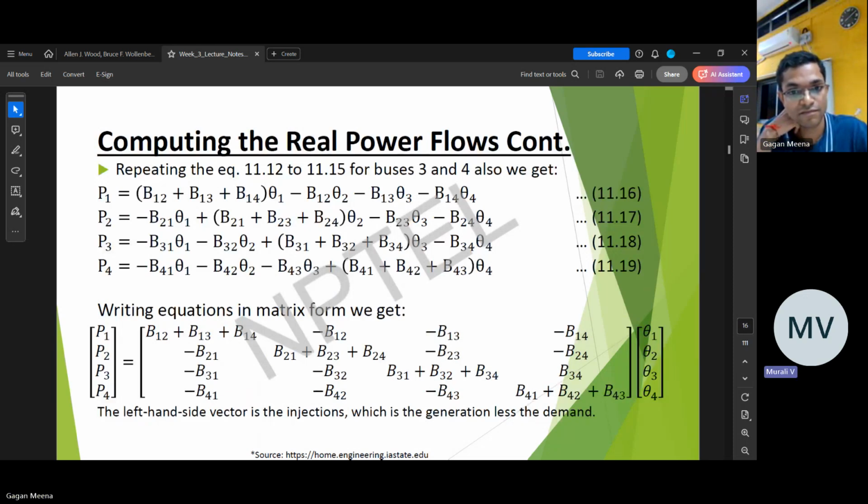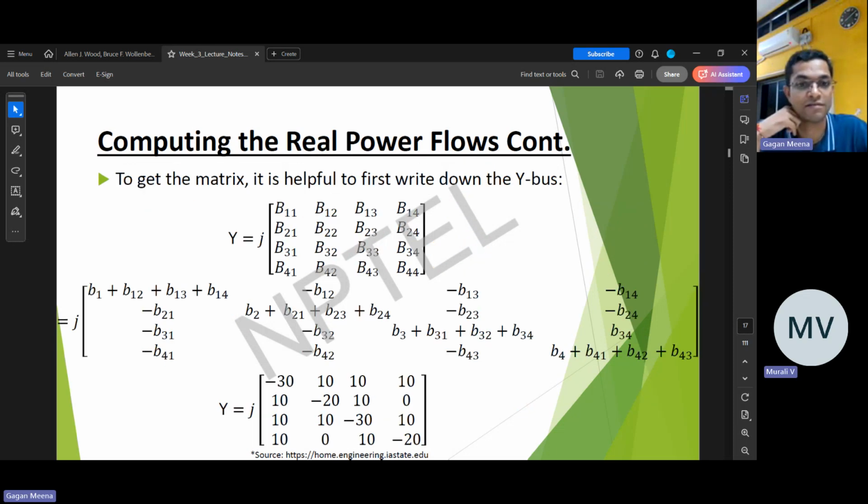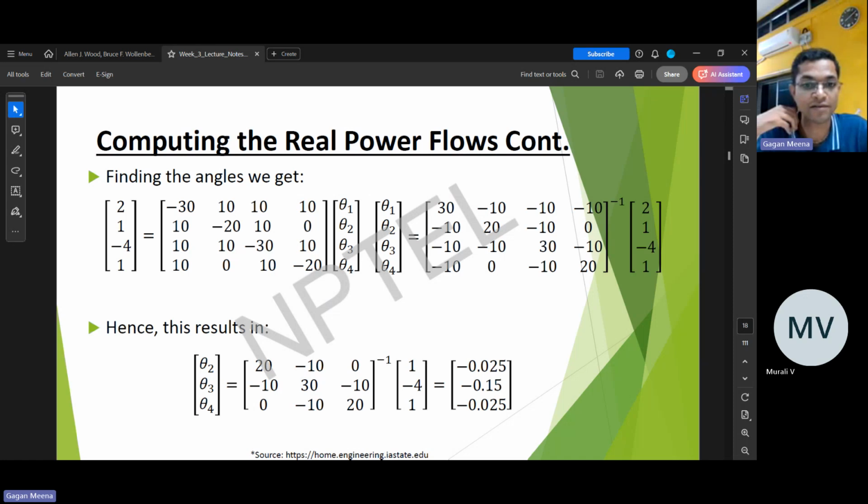Can you go to the next slide? Slide 17, this is the Y bus matrix for the given system. Can you please go to the next slide? You see that the equation is correct. You are right.